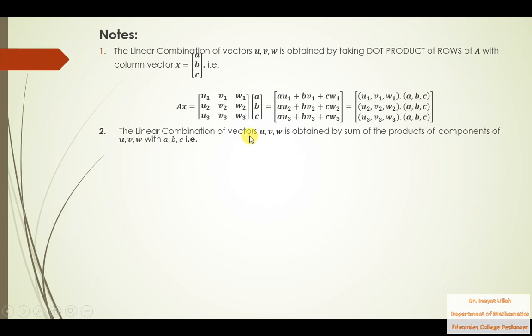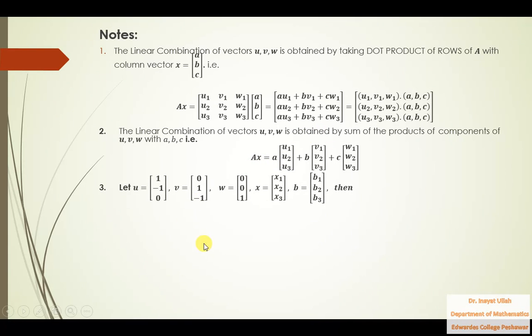It means that we have just studied that the linear combination of vectors can be written in the form of matrix times vector. So Ax can be written as a times components of u, plus b times components of v, plus c times components of w. That is the meaning of this statement.